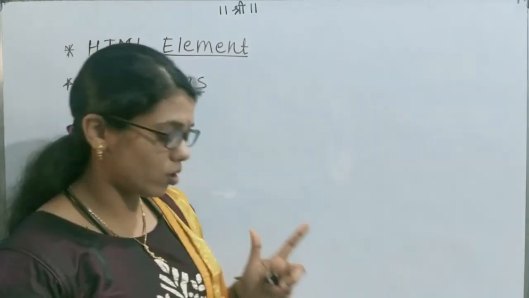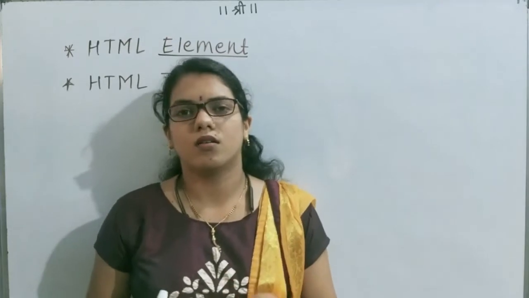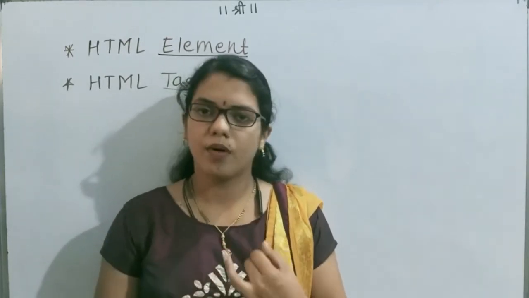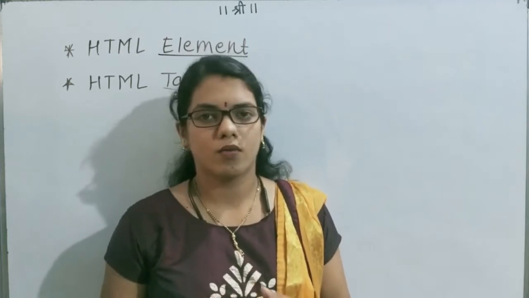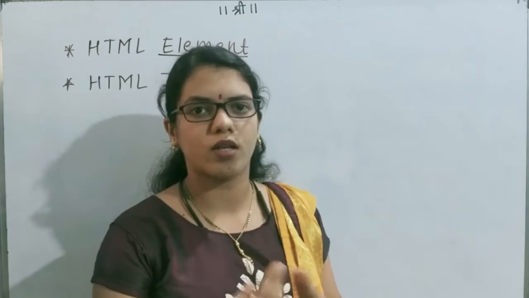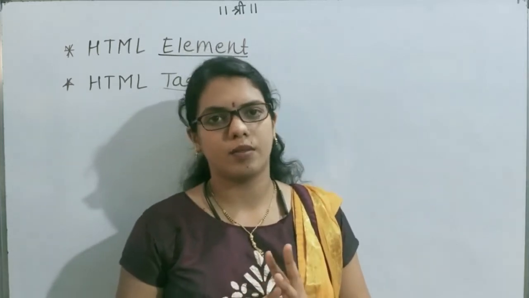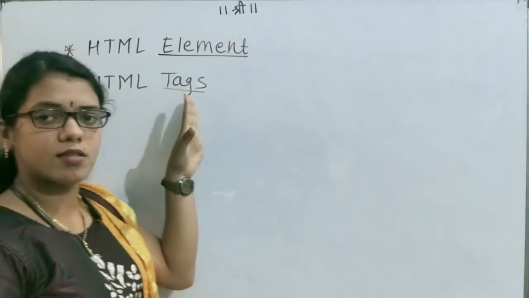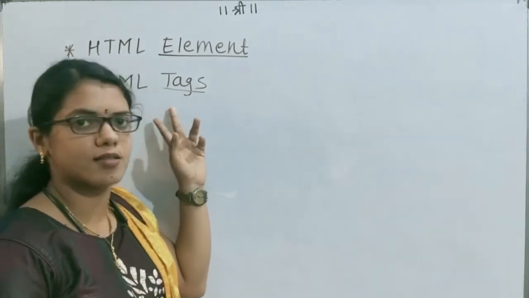Always remember in the 12th board, for C++ and for HTML, an example is compulsory. But when the question is asked, 2 marks are for your normal theoretical explanation and 1 mark is for example. So we start with the concept HTML tags.